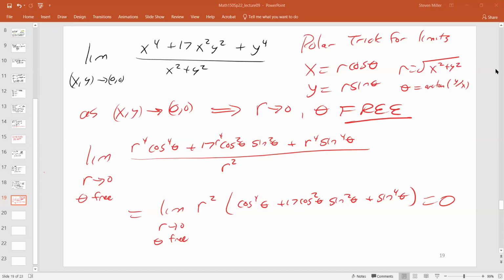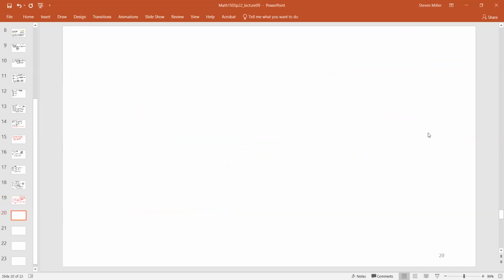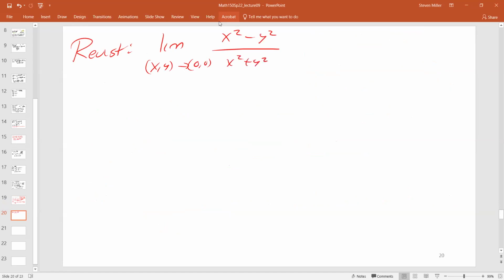Let's go back and revisit a problem we did a little while ago. So we're going to revisit the limit as (x,y) goes to (0,0) of x squared minus y squared over x squared plus y squared.